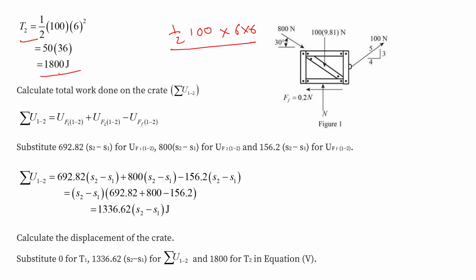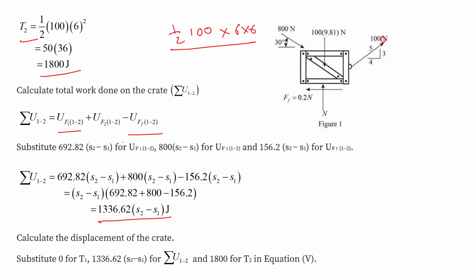We will equate it with the total work done. So first of all, let's write the total work done, that is equal to work done by force of 800 Newton along horizontal direction plus work done by the 1000 Newton force along horizontal direction minus work done by the friction force. That comes out to be 1336.62 S2 minus S1 joules.